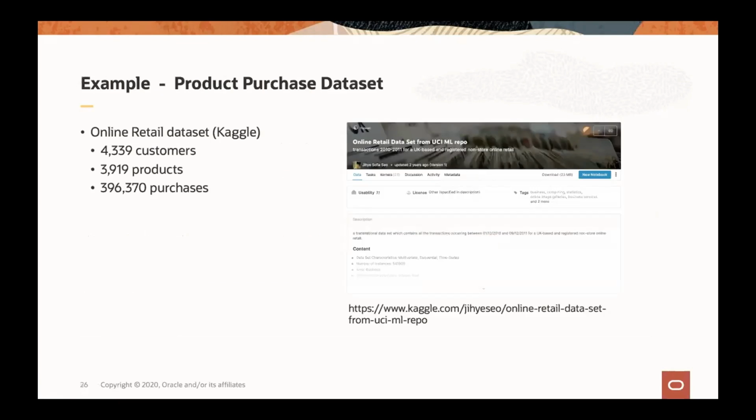The first example is to use a public dataset called the online retail dataset from Kaggle, which includes 4,000 customers and 3,000 products with the relationships between them. They are like purchase relationships between them.